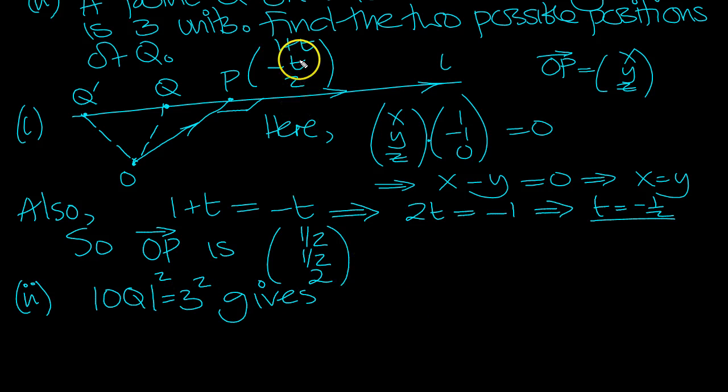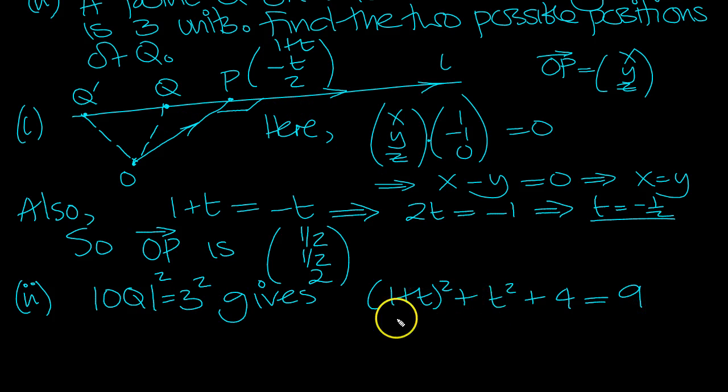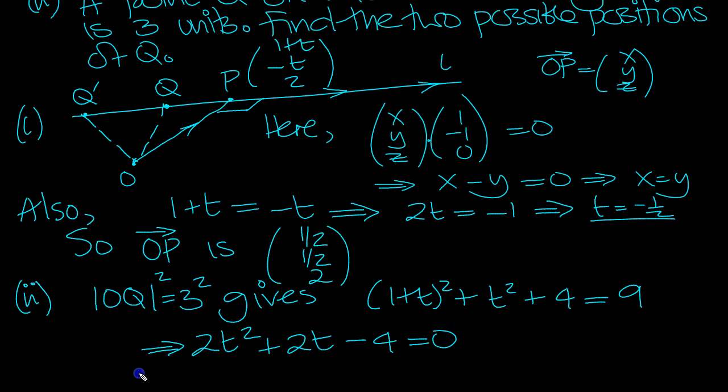So square it, so use Pythagoras: 1 plus t squared plus minus t squared is a t squared plus the 2 squared is 4, is equal to 3 squared, which is 9. So this is a t squared here and a t squared. So we end up with 2t squared. There's 2 t's inside the bracket when we expand it, plus the 1 plus the 4 is 5, minus 9 is minus 4. Divide by 2 all the way through.